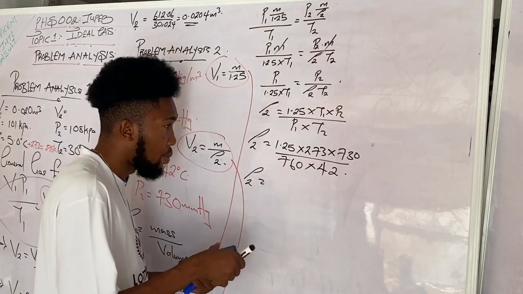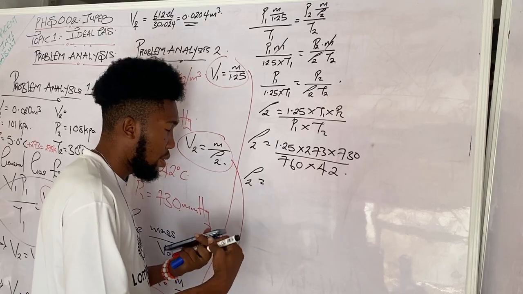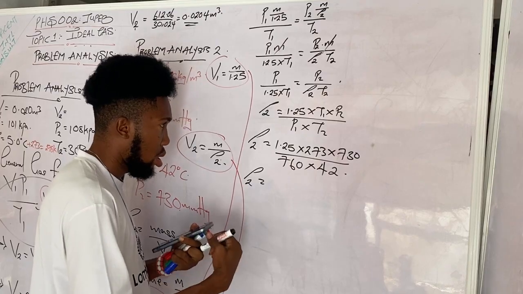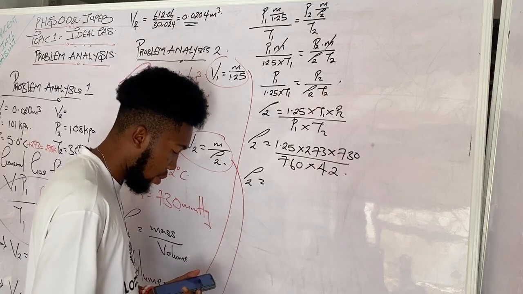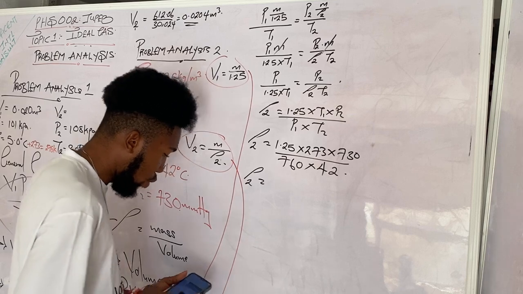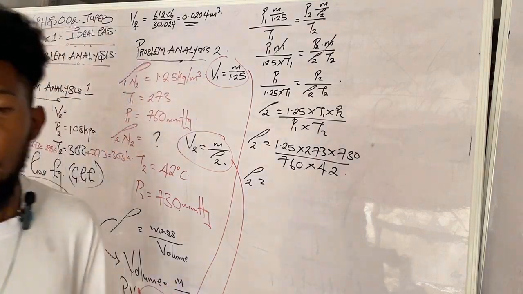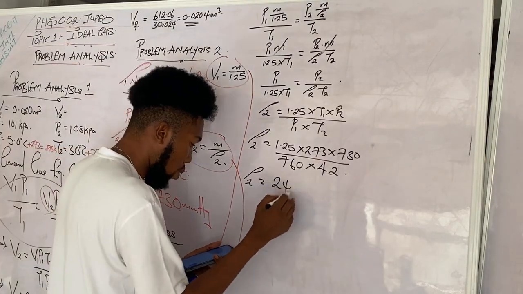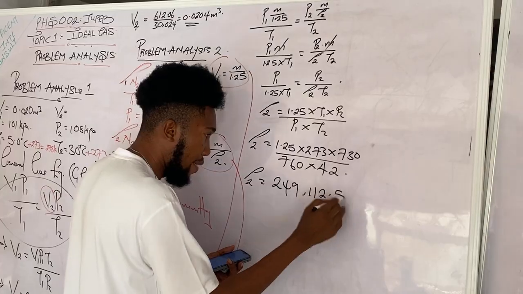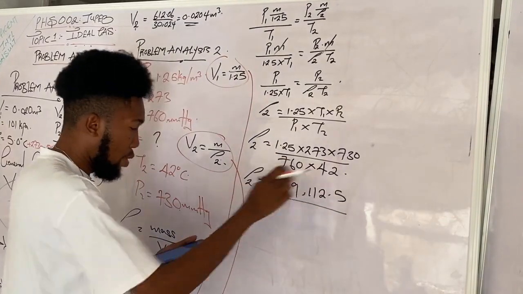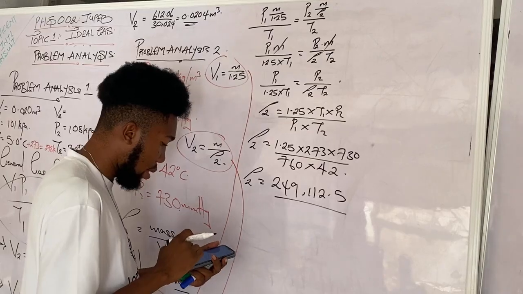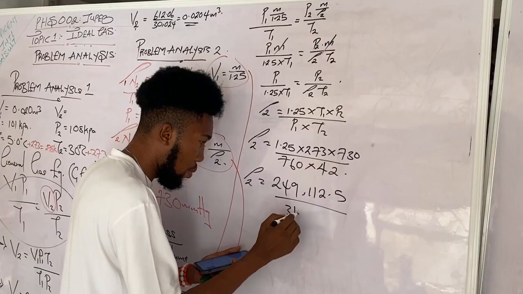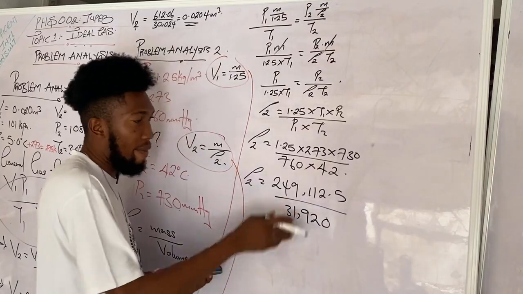Our numerator value settles for 249,112.5, divided by, so our denominator value here now gives us 760 times 42, and that gives me 31,920.